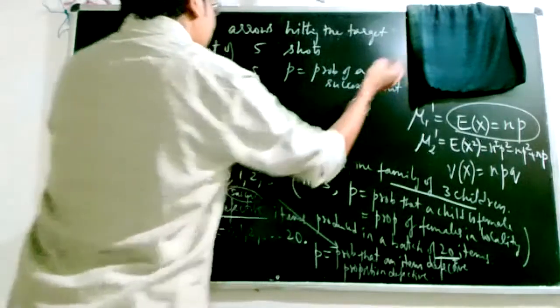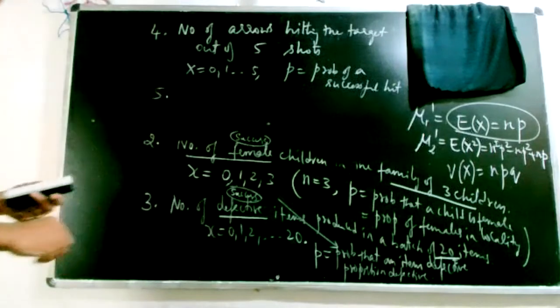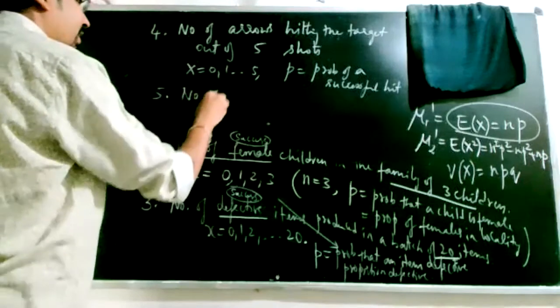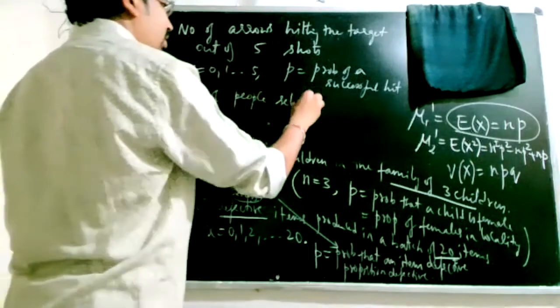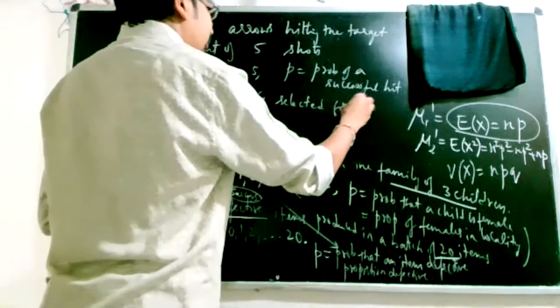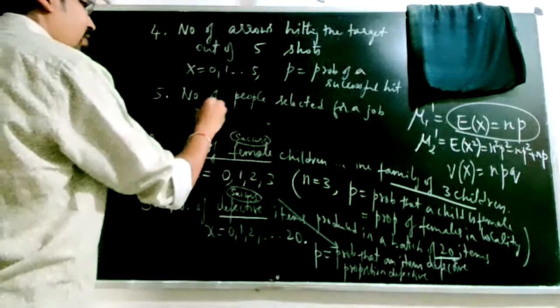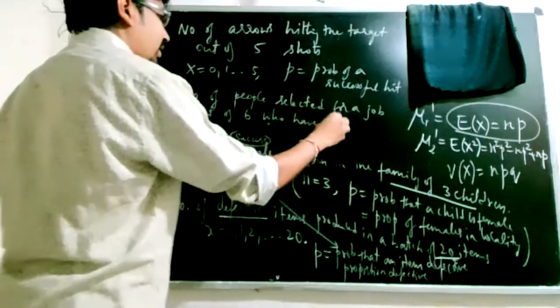So all this could be obtained from the data, and you can have an example of, say, the number of people selected for a job, say out of 6 who have given the interview.